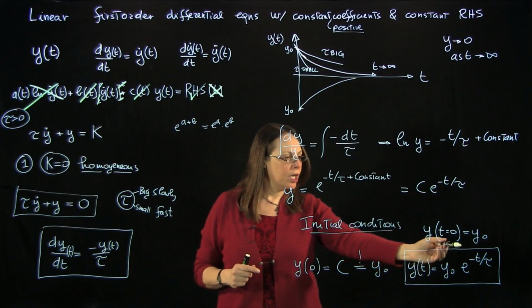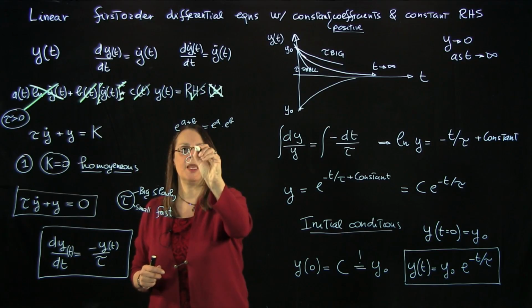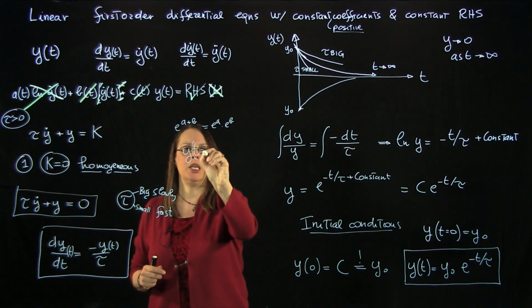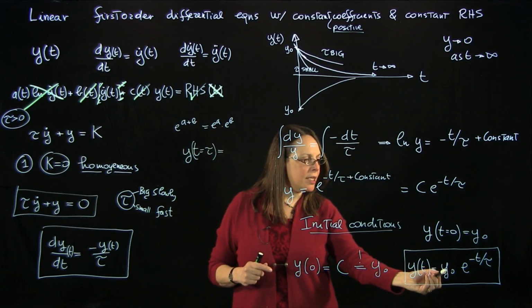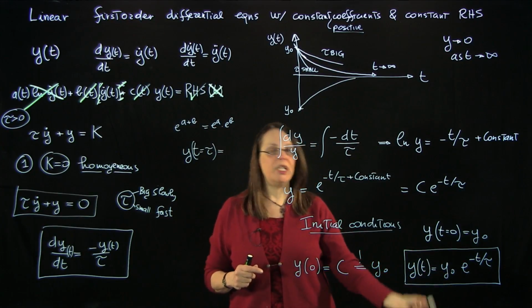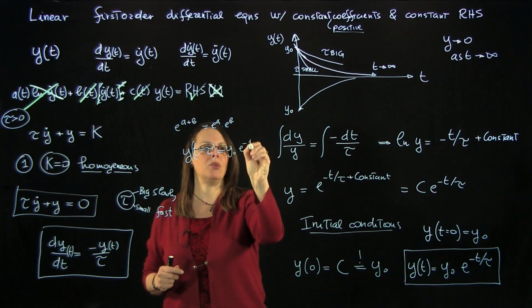We see that for t equal tau, so if I say y of t equal tau, what do I get? For t equal tau, I get y0 e to the minus tau over tau, that's e to the minus 1. So I get y0 times e to the minus 1.